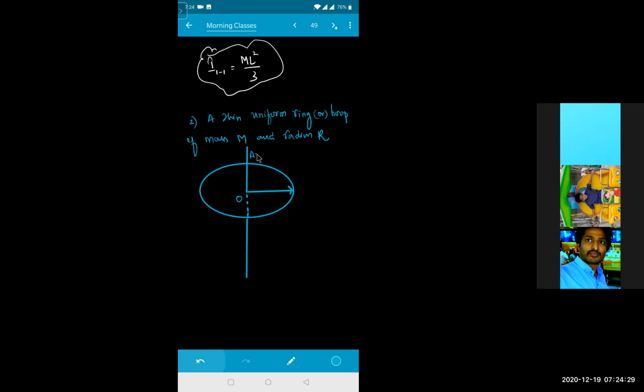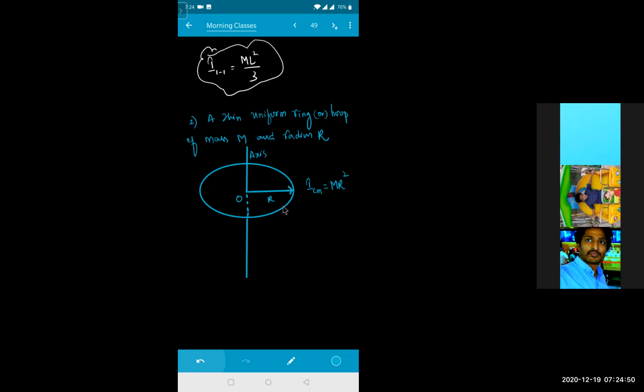This one is your axis and this one is your radius R. Moment of inertia for this one about the center of mass will be equal to m into R square for the ring, if the axis is passing through the center and it is perpendicular to the plane. That is the relation.